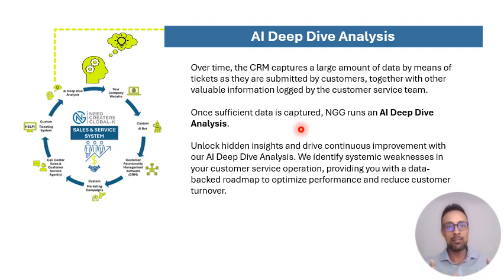We deep dive that information and we provide an action plan of how to either remove operational friction wherever possible, enhance customer service, obviously, to lubricate, or to create other systems to lubricate, ultimately to create a better system, better customer service, and less turnover with your customers. That AI deep dive analysis cannot be underestimated. Very, very, very valuable tool.